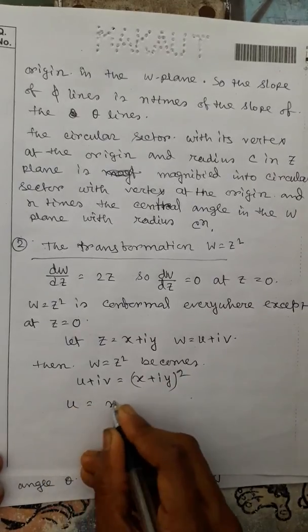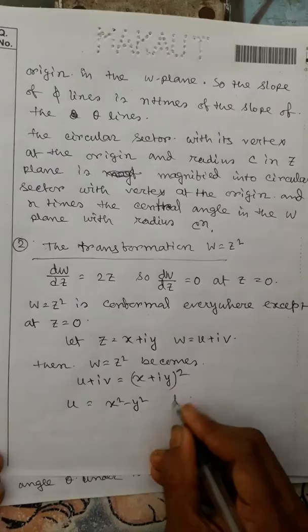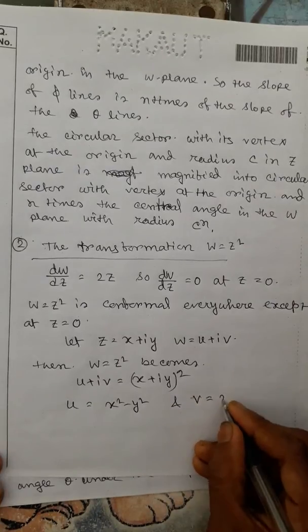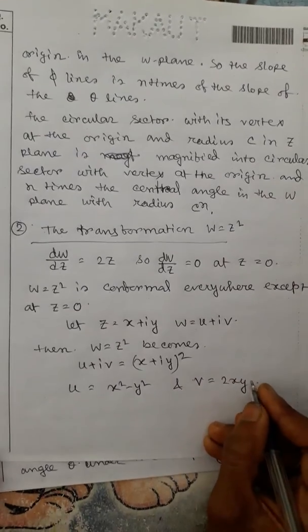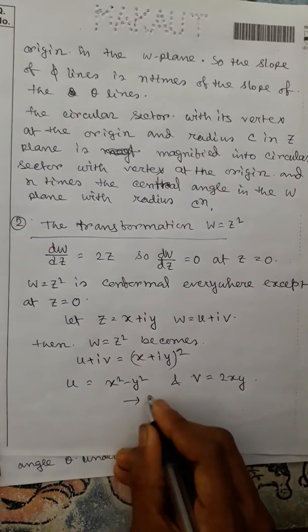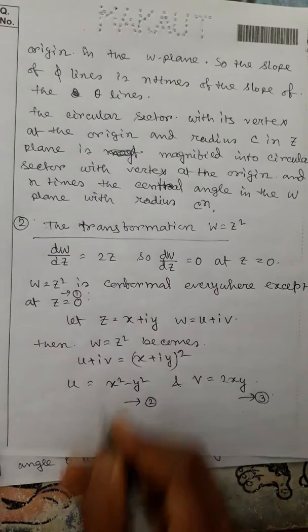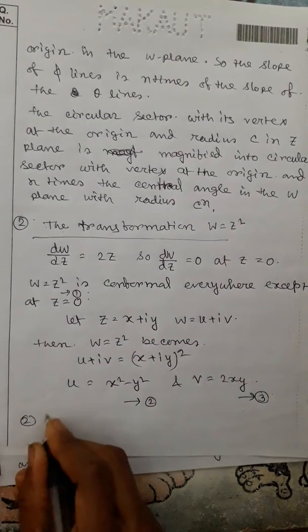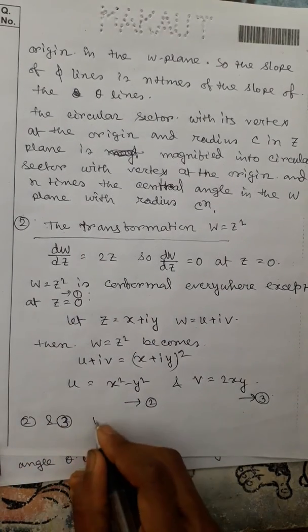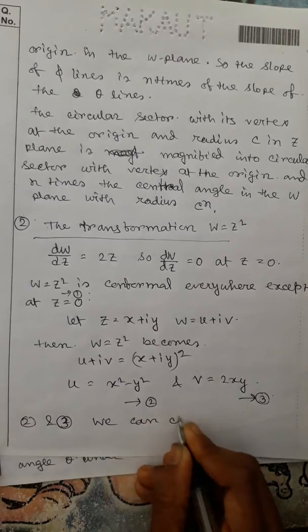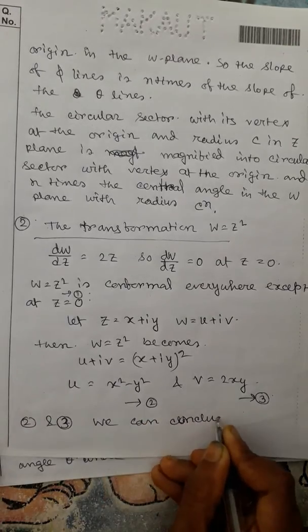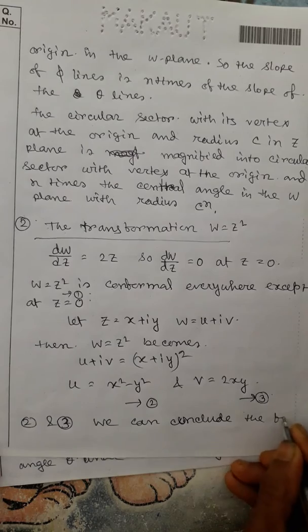That means u = x² − y² and v = 2xy. So it is 2 and it is 3 where it is 1. So from 2 and 3 we can conclude the following fact.